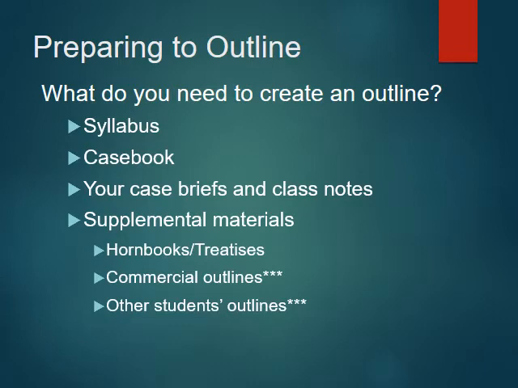Anyway, you'll use those in creating your outline, to get back to the topic at hand, because they have definitive statements. And I might also include in that area restatements. The restatements, particularly for some of your classes, are going to be of paramount importance. Civil procedure, not so much.